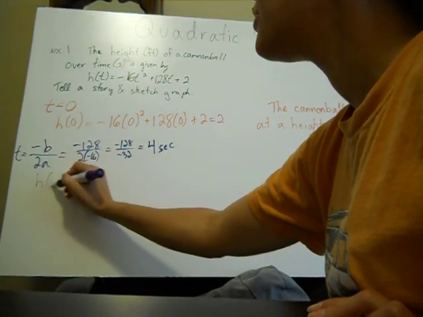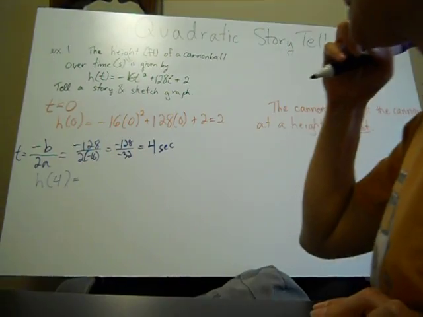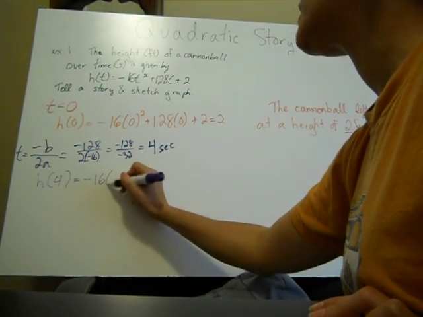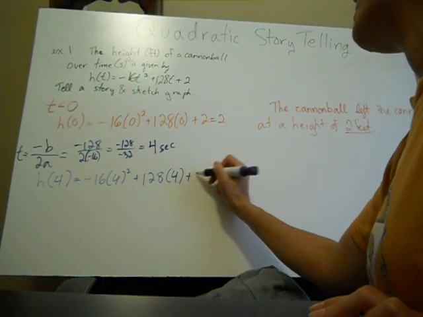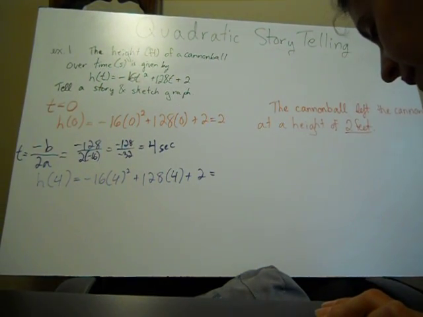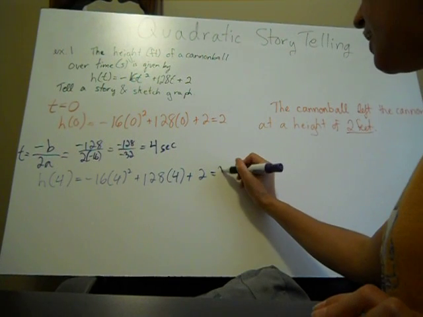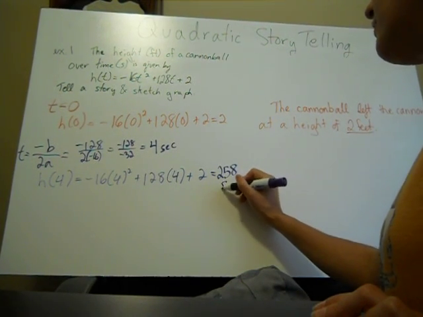So we do h of 4, and so that's negative 16 times 4 squared, plus 128 times 4, plus 2. And that gives us a height of 258 feet.